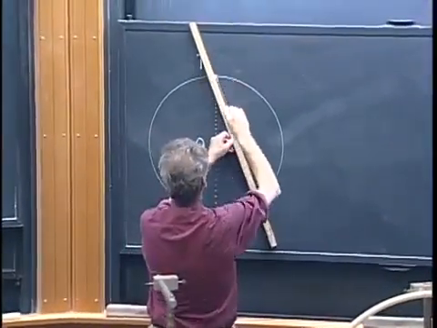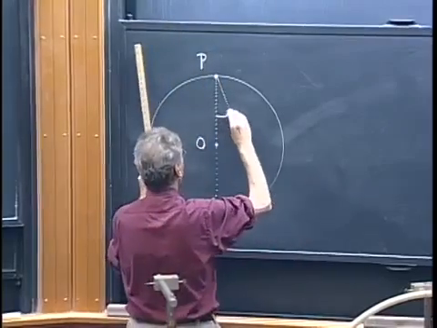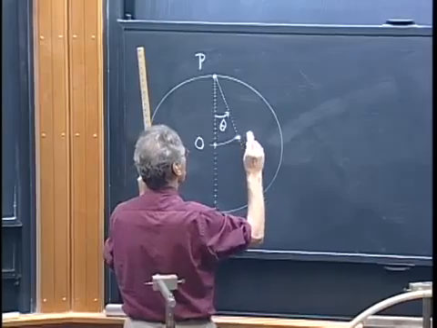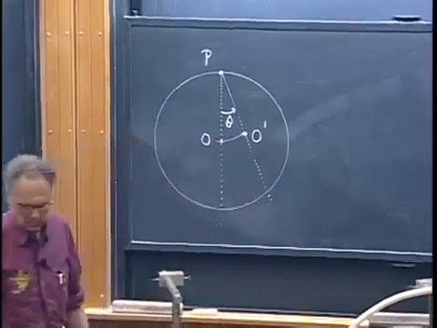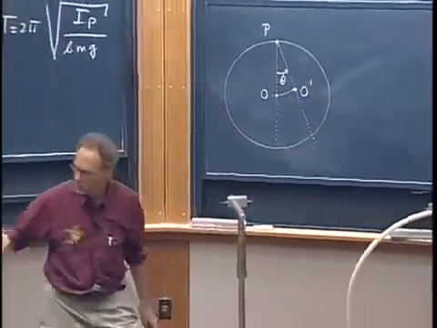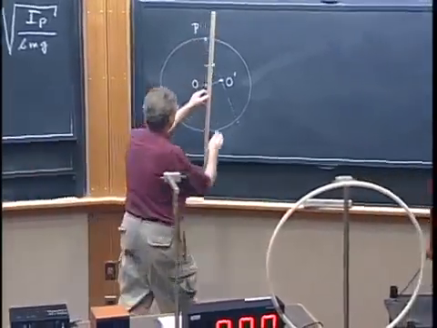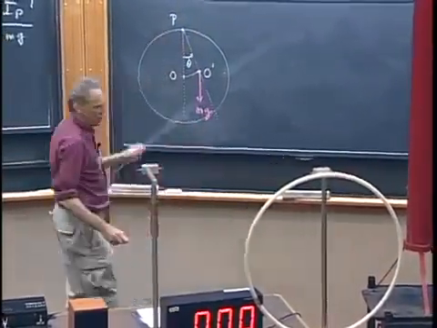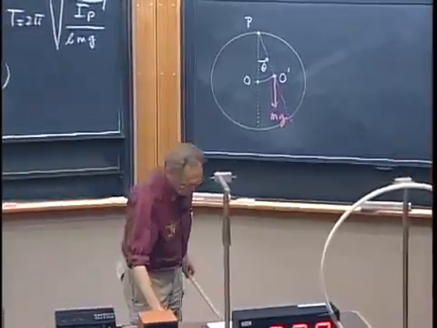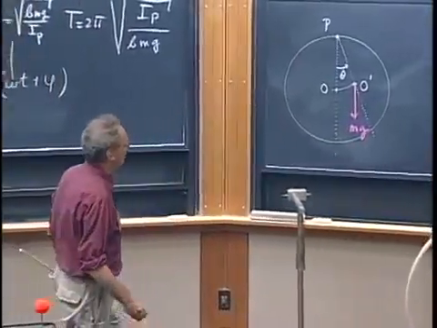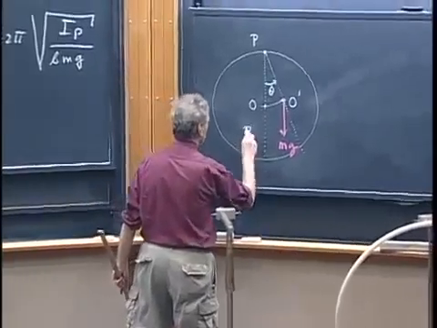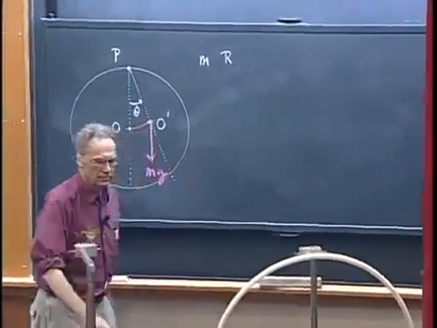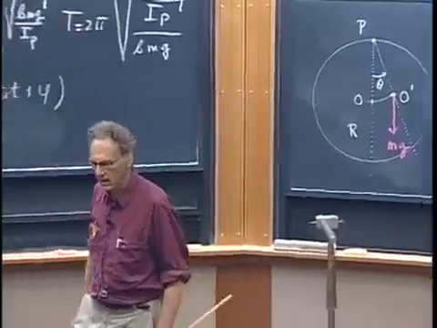And this is offset over an angle theta. So point O is now here, I call it O prime. And so, in analogy with what we did there, we have here the force mg, and the derivation is identical. We don't have to go over that again, and the radius is R. And m is given, if you need it, and R is given. I'll show you what these numbers are later.